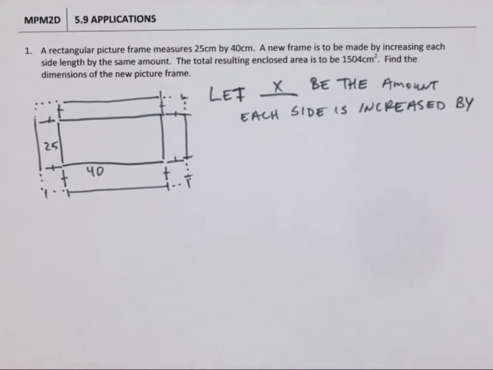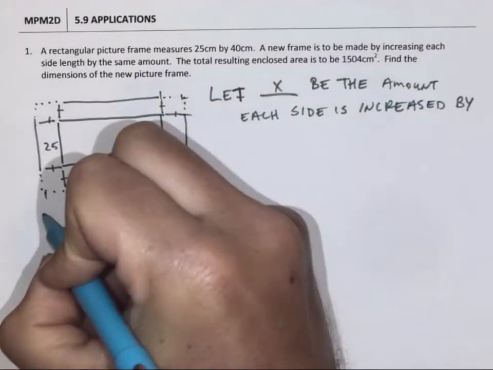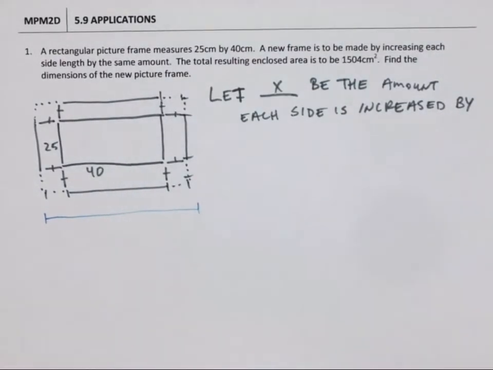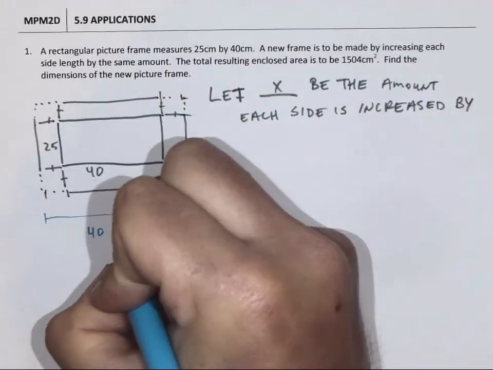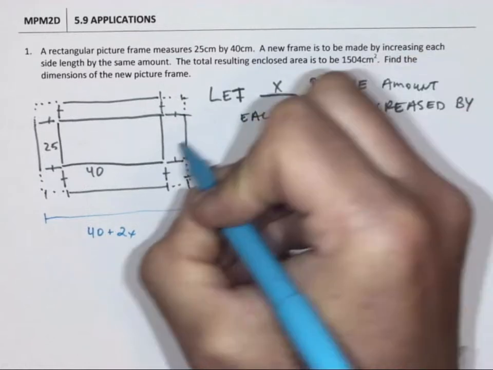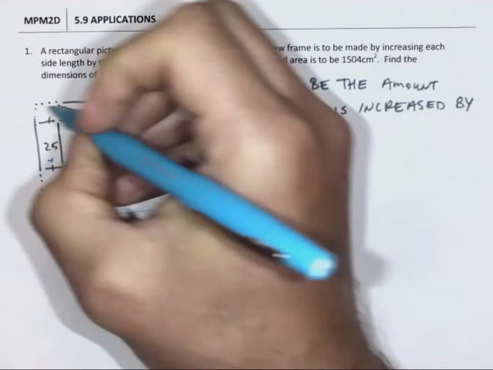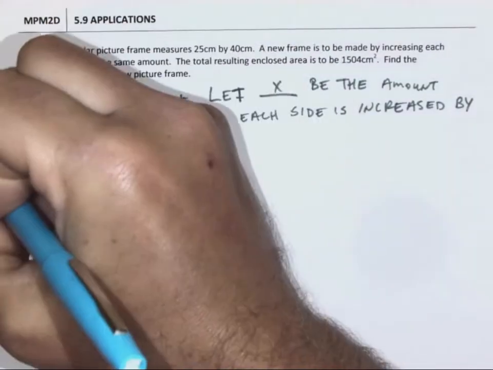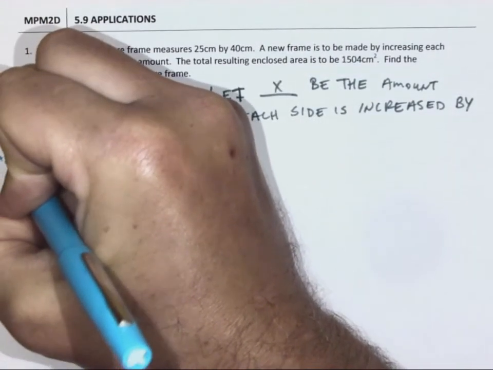Which means our new dimensions for our new frame will be 40 plus 2x, and our new height or depth of our frame is going to be 25 plus 2x.